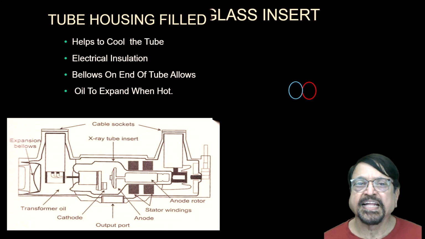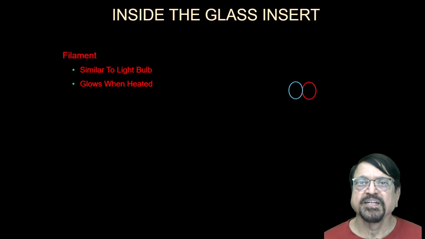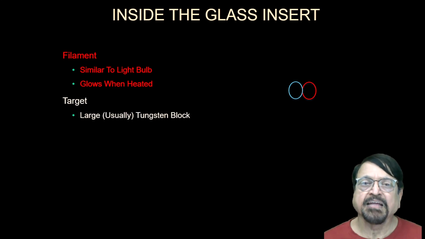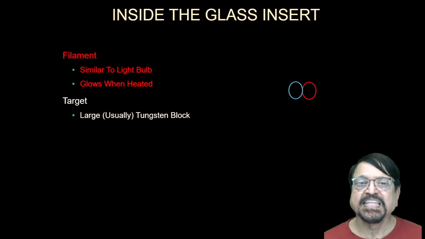So oil will expand and it will get expelled out. Now filaments, similar to the light bulb, they glow when they are heated. Because of thermionic emission, they will boil off electrons. Now target is a large, usually tungsten block.